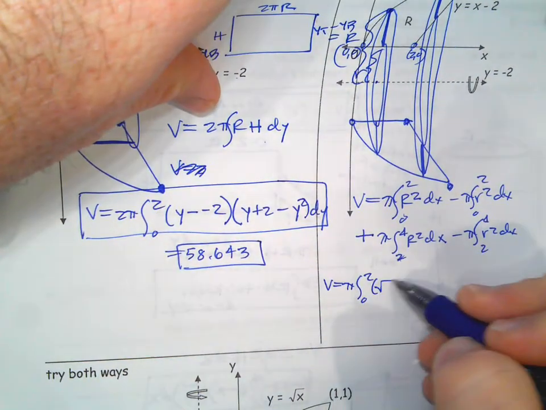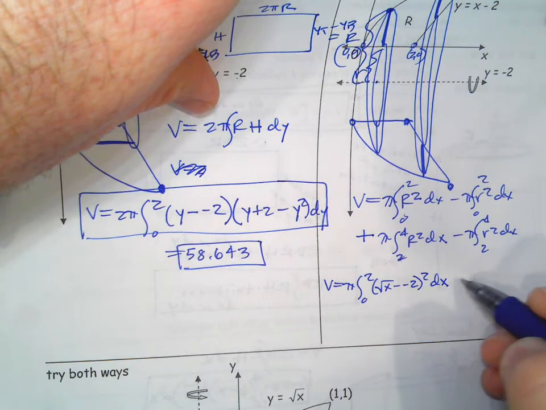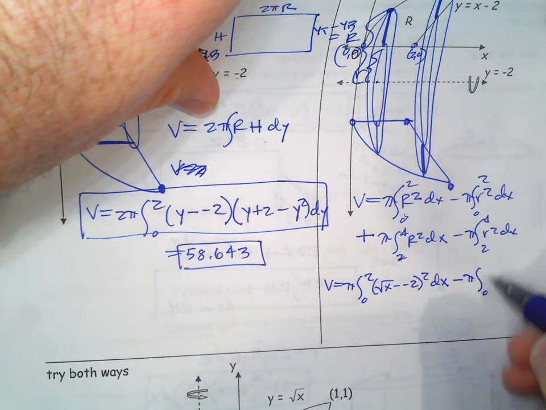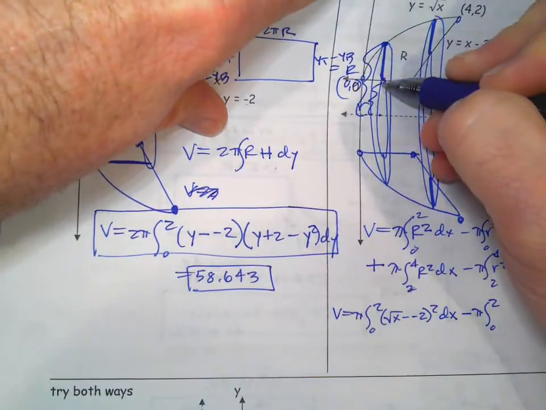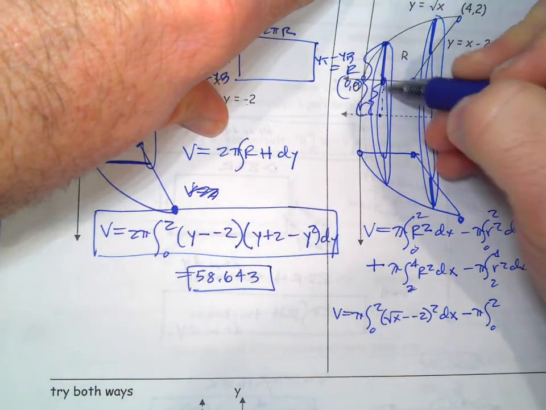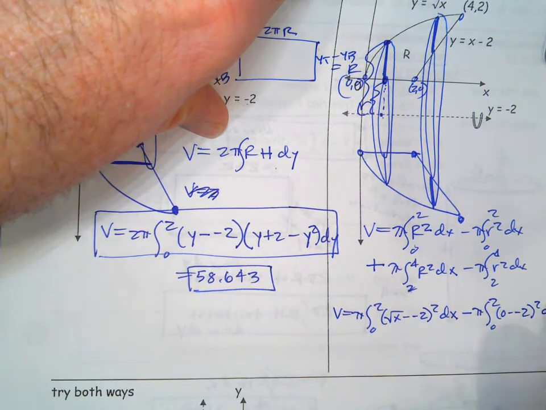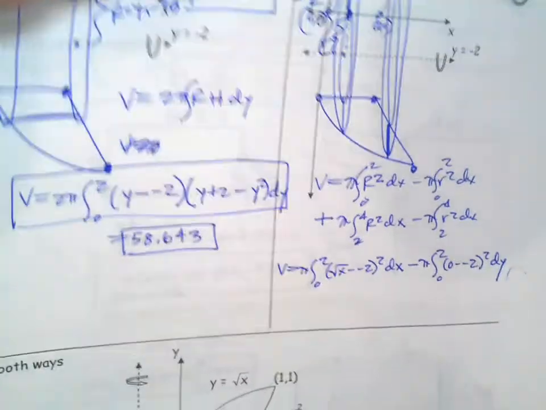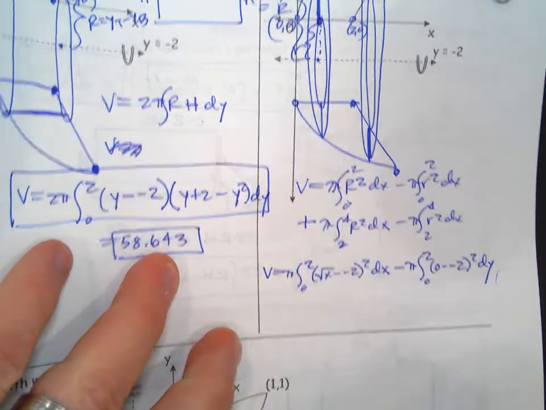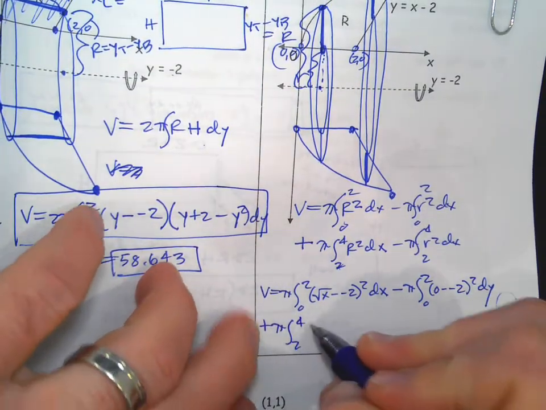So (square root of x minus negative 2) squared dx. The little radius is y top minus y bottom. This is the length right here. Y top is 0, y bottom is negative 2. So that accounts for the first set of disc washers, plus 2 to 4.